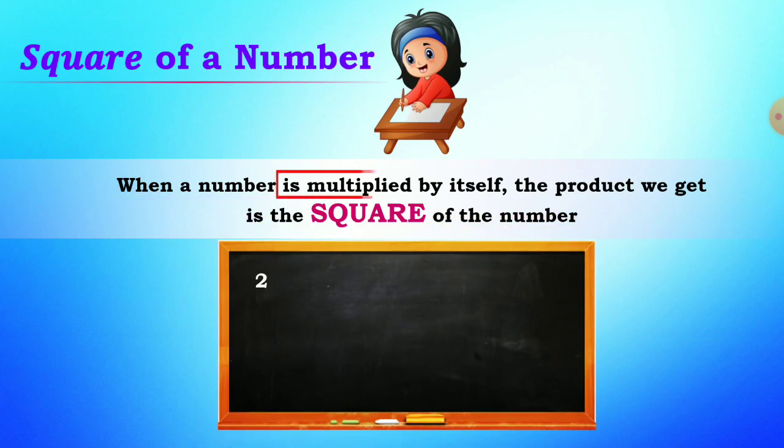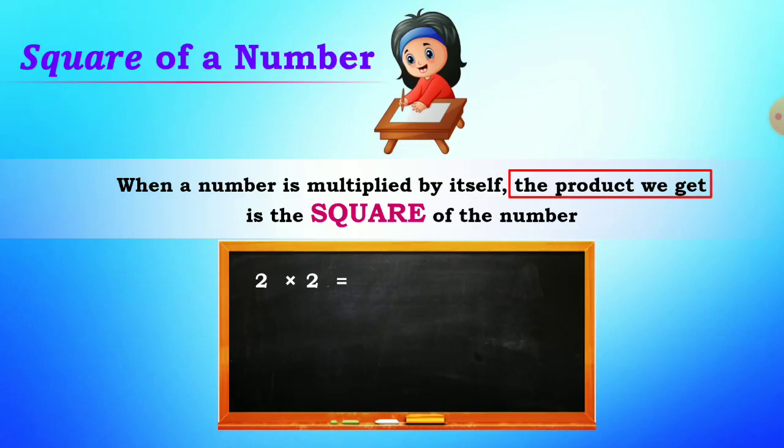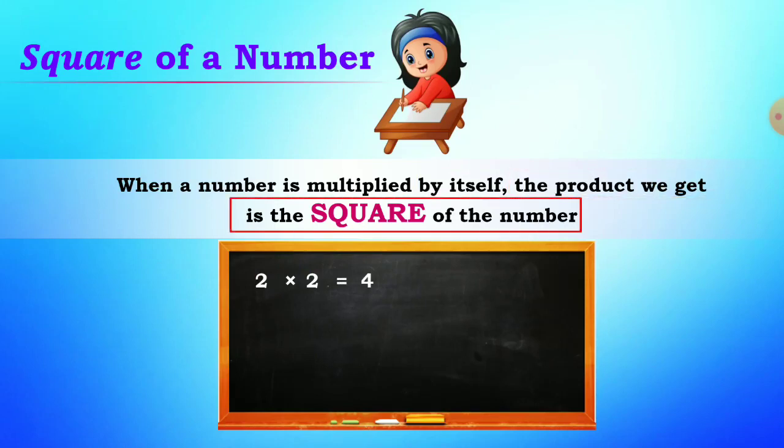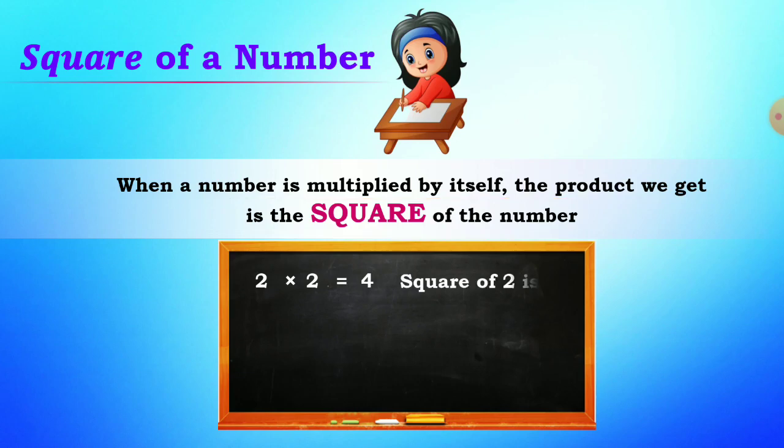Multiplication by itself means 2 is multiplied by 2 only. The product we get, that is 4, is the square of the number 2, or we can say square of 2 is 4.